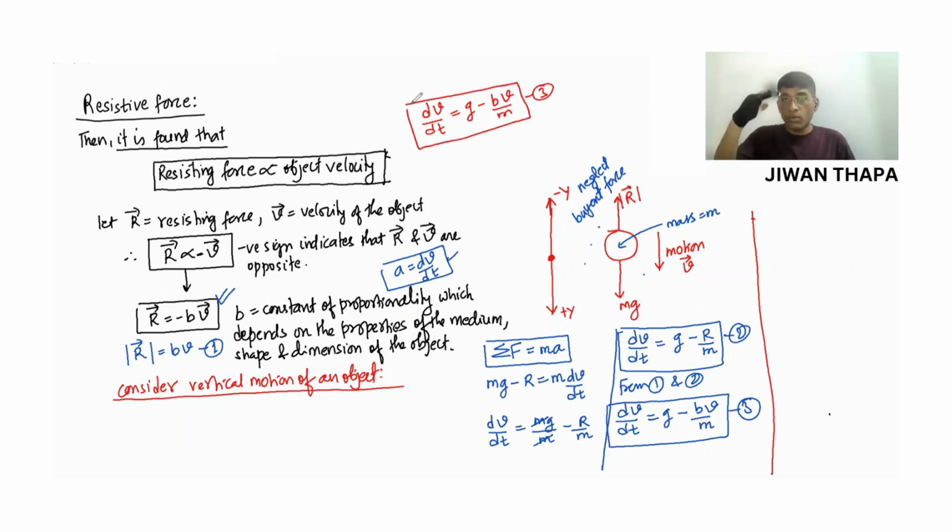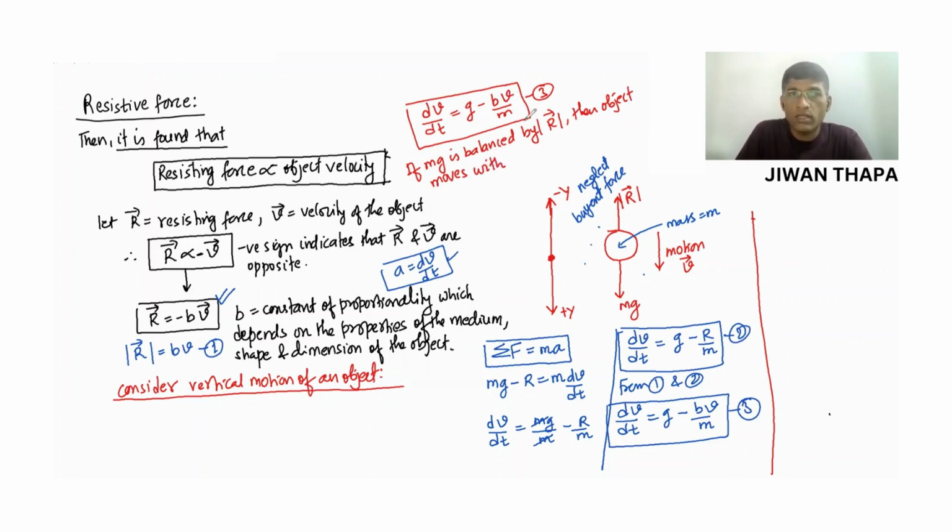Now, as the object moves downward, if we get a stage at which the weight mg is balanced by R, that is the resisting force, then the object moves with zero acceleration.